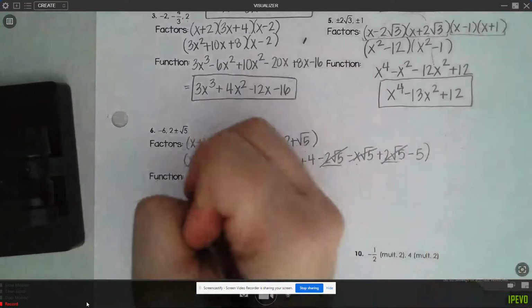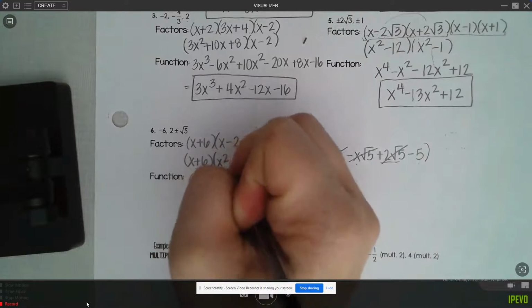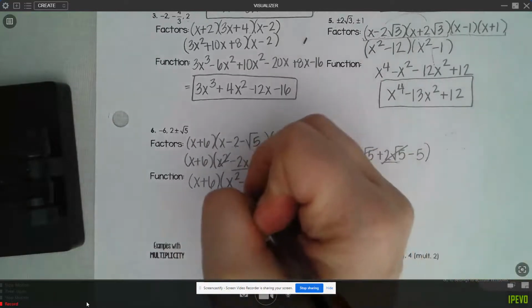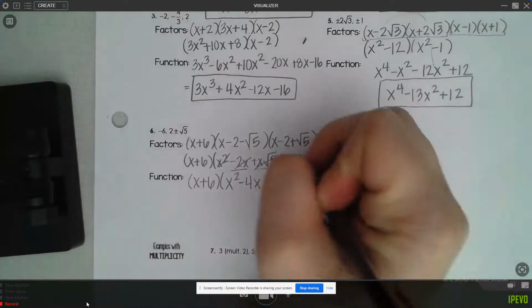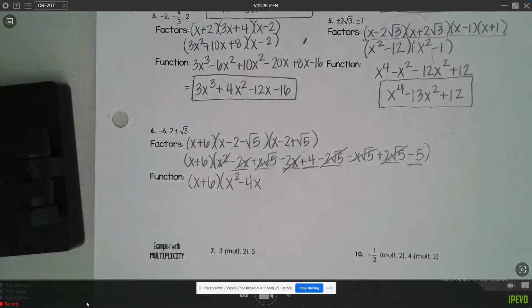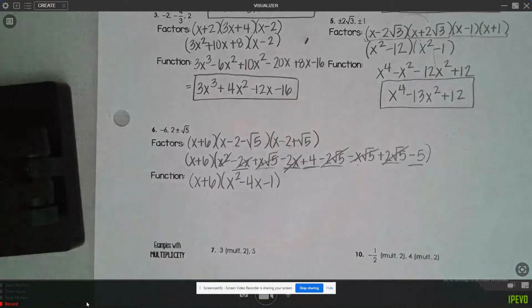So I'm going to rewrite it to make it a little bit prettier. So x plus 6, x squared. I have negative 2x. I have a negative 2x. That's a negative 4x. I have a positive 4 and a negative 5. Minus 1. What do we do from here? You just distribute again.